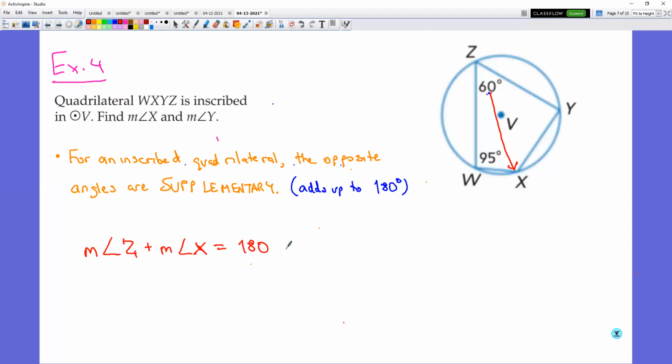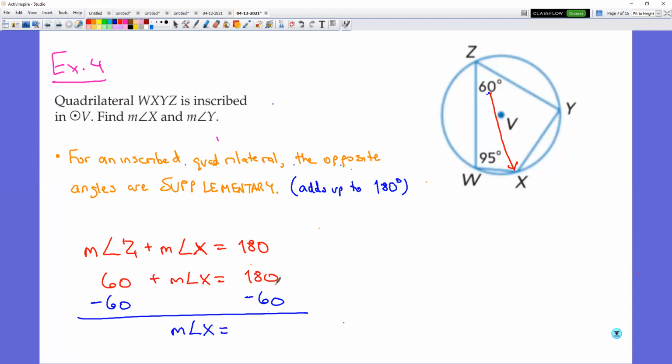We know that Z is 60 degrees, so it'll be 60 plus the measurement of angle X equals 180. I'm going to subtract 60 on each side, and I'm going to get that the measurement of angle X is equal to 180 minus 60, or 120 degrees. So we have found the value of angle X.